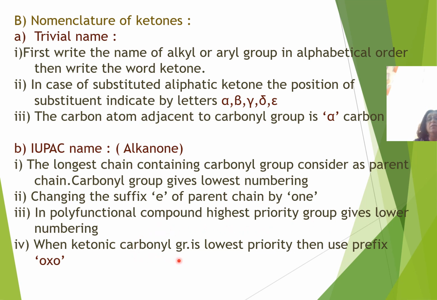When the ketonic carbonyl group is lowest priority, the oxo prefix is used. Clear? So if it is CH3COCH3, it is a 3 carbon ketone, so it will be known as propanone. Propane E is replaced by O. Okay, clear?